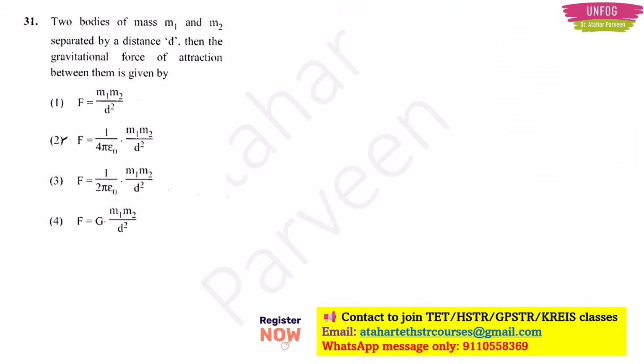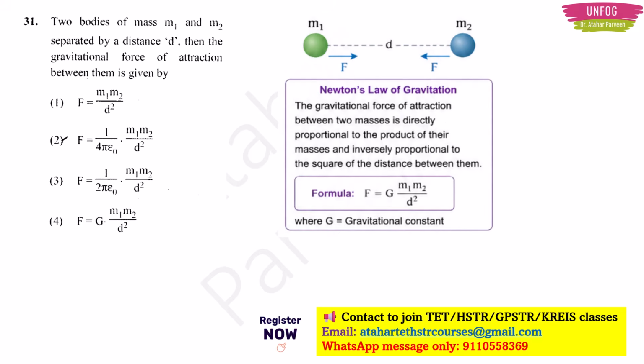First, question number 31. Two bodies of mass m1 and m2 separated by a distance d, then the gravitational force of attraction between them is given by. If you see the options, something will click in your mind that it is related to our chapter gravity.